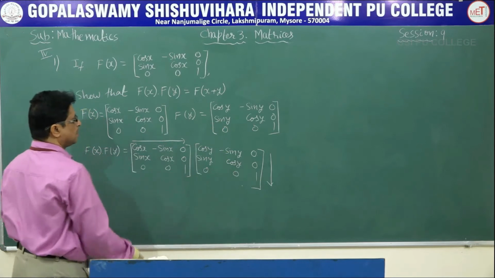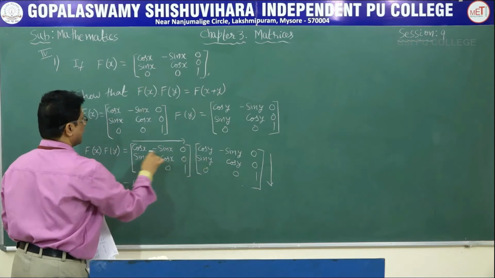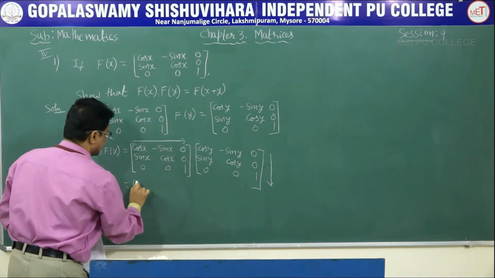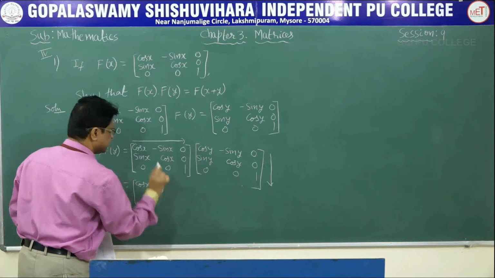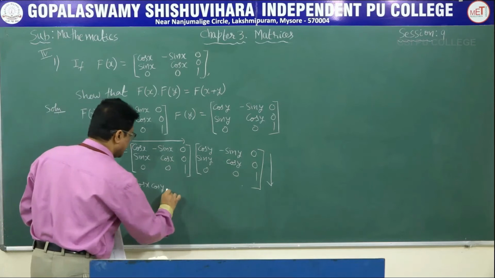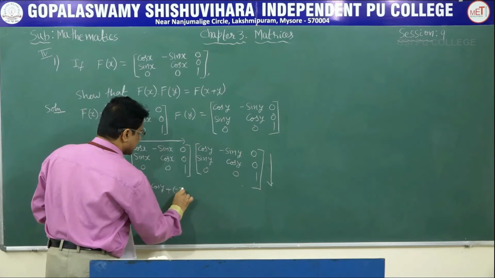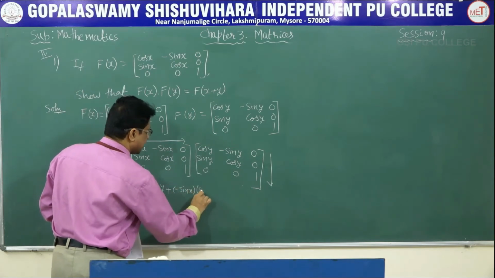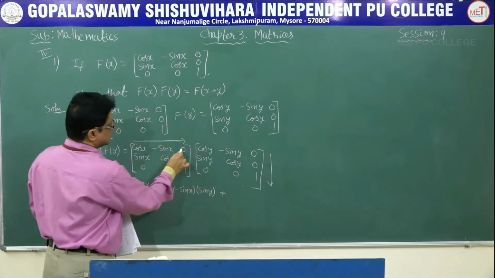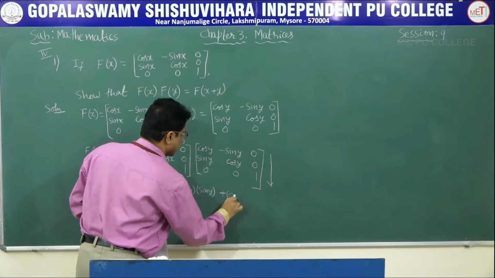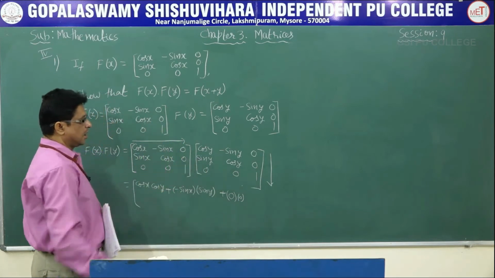That is row into column. That is first row into first column. So first row is cos x into cos y plus minus sin x into sin y plus 0 into 0. So that is first row into first column.